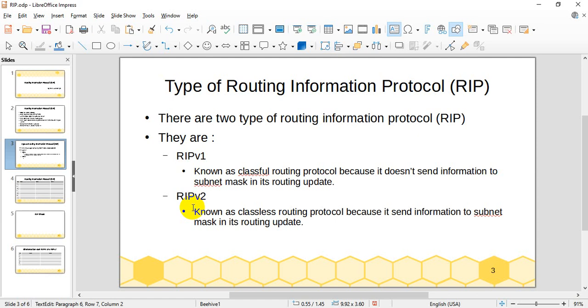This is the major difference between RIP version 1 and version 2.